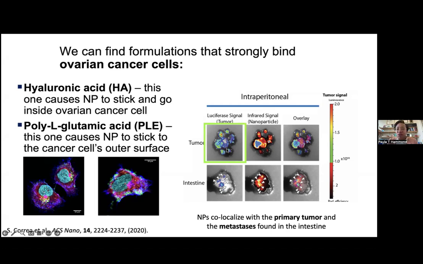Here you can see labeled tumor. It has a luciferase signal. This nanoparticle has an IR signal, and you can see that these are directly overlaid on each other. So the nanoparticle is where the tumor is. Even when we see metastases, tumors that grow in other parts of the body, here we see a met to the intestine, and we see that our nanoparticle also goes to that met.